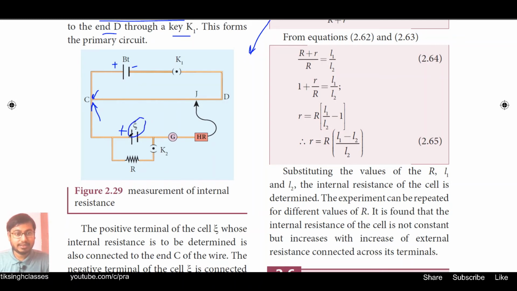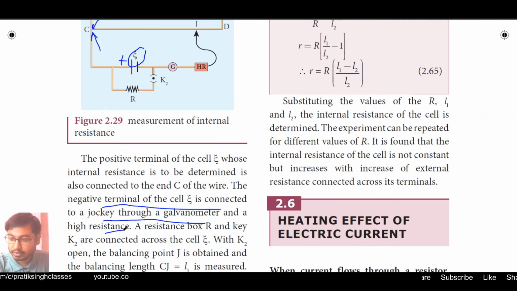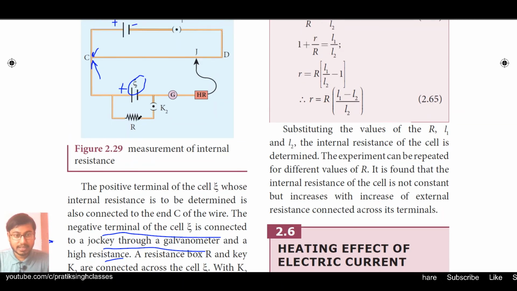The negative terminal of the cell Xi is connected to a jockey through a galvanometer and a high resistance. The resistance value of the HR is already known. You will see this in your practical lab, where we will get a wooden box having different resistances connected there. So here the negative terminal of the cell Xi is connected to the galvanometer, then to the high resistance, and then to the jockey.